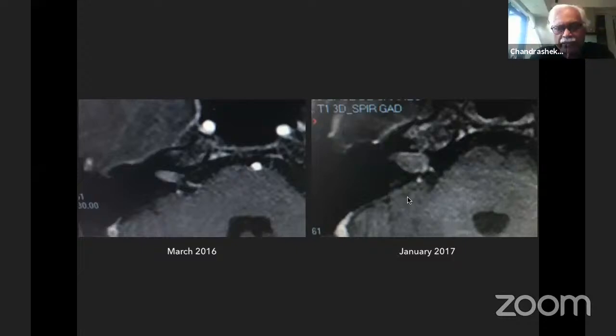So I agree that he needs to be treated. I think there is an equipoise. You could treat this with surgery if your record of hearing preservation is good, or you can treat him with 12 gray radiosurgery on gamma knife. I think the chances of hearing preservation are equally good even on that.